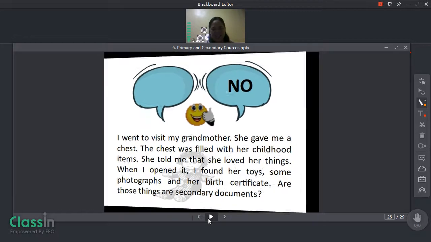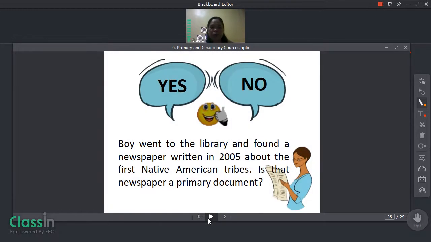And then the third one. A boy went to the library and found a newspaper written in 2005 about the first Native American tribes. Is that newspaper a primary document?